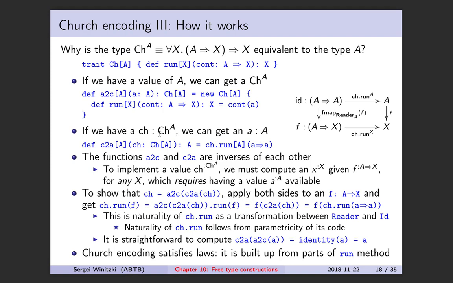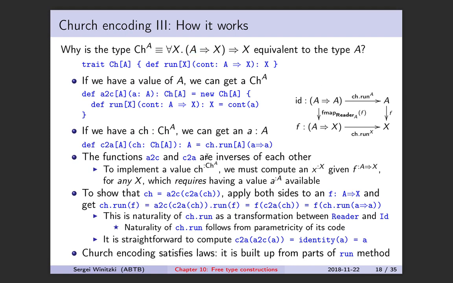So we call this function by calling run with type X equal to A, and on an argument which is the identity function from A to A. The result would be some A. So that's our second converter, C to A, the Church-encoded to direct type.